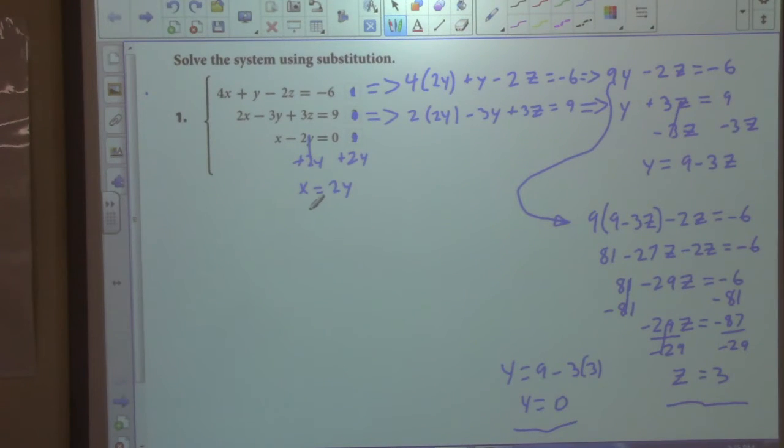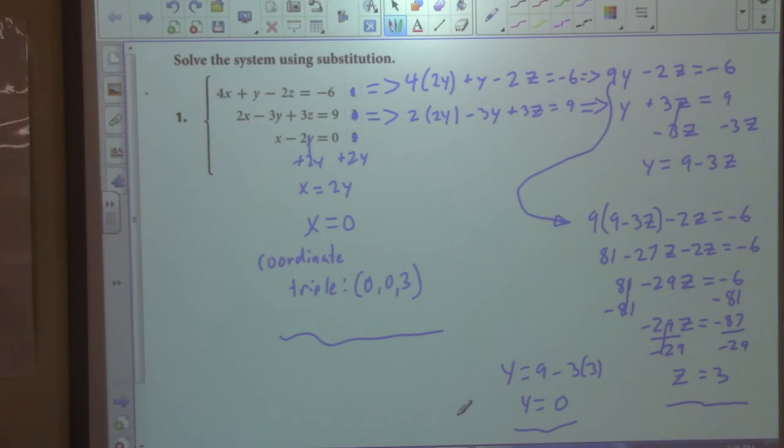Yes, x is equal to 2 times 0, so x is equal to 0. And so therefore our coordinate triple is the point 0, 0, 3. Okay, so that's going to be our answer to this one.